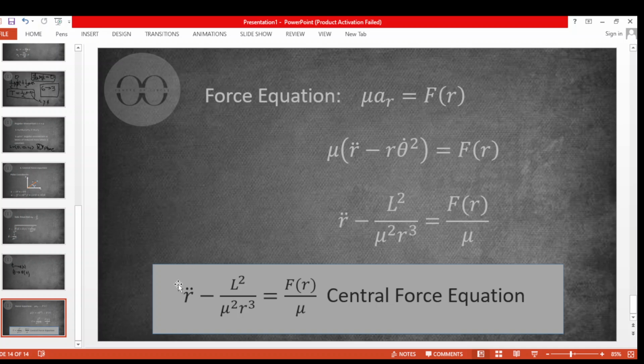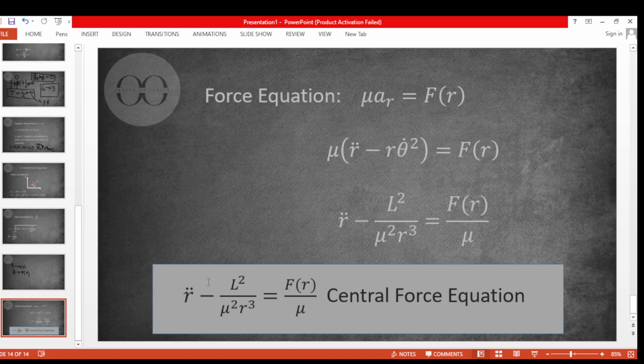From this second order differential equation, we will find the path and the orbit of the central motion, and we will determine the orbit of the two body problem, and we can predict the motion of the two body problem by solving this second order differential equation.